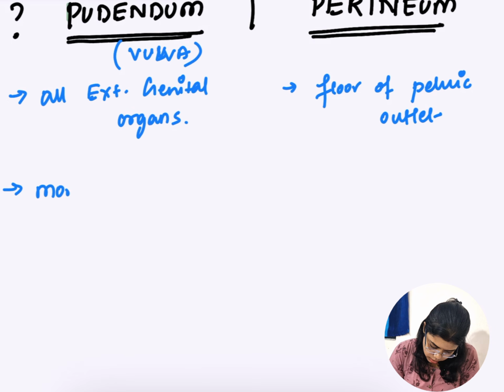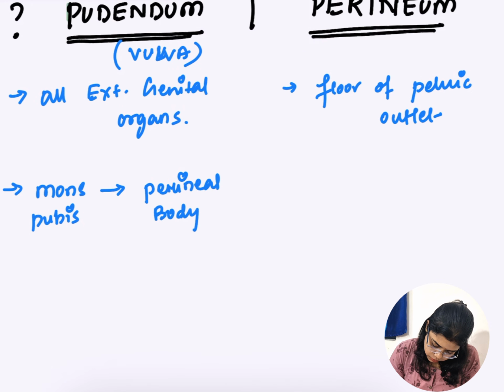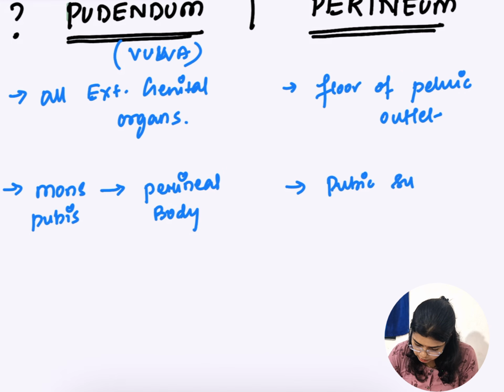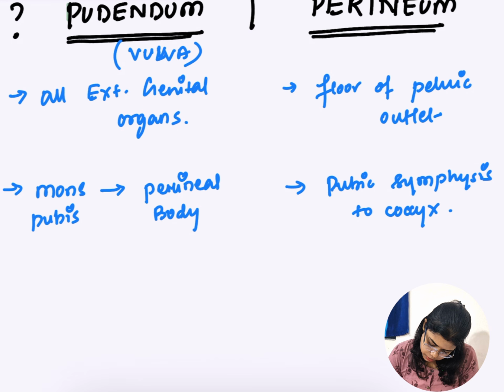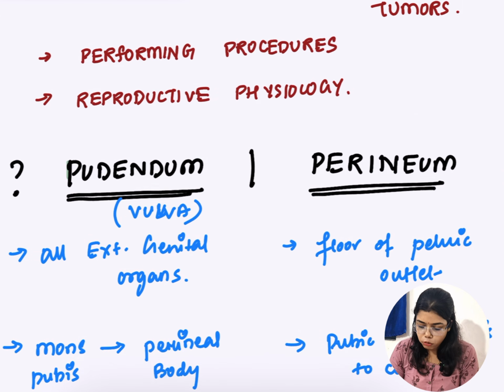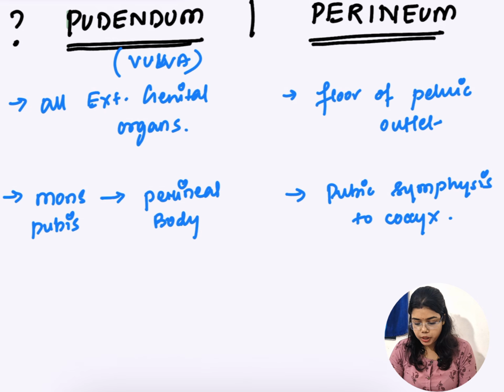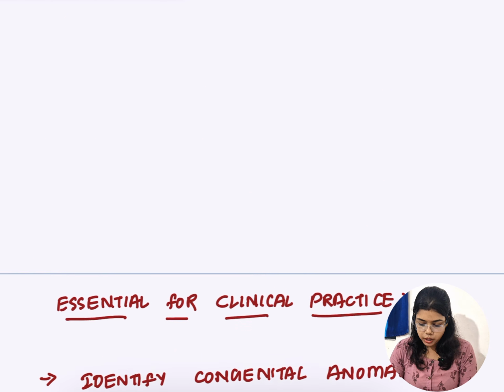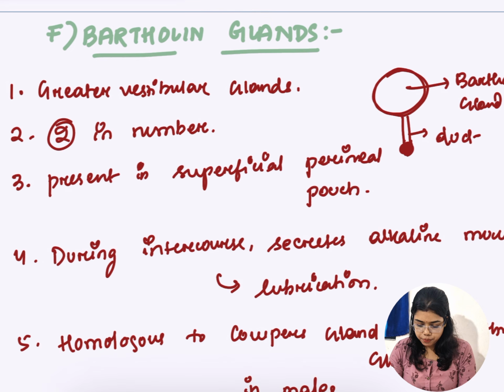And then another thing we can write, the pudendum extends from mons pubis to the perineal body, but the perineum extends from the pubic symphysis to the coccyx. Okay, so these are the differences between pudendum and perineum. Don't confuse. Pudendum is different and perineum is different. Okay, thank you.